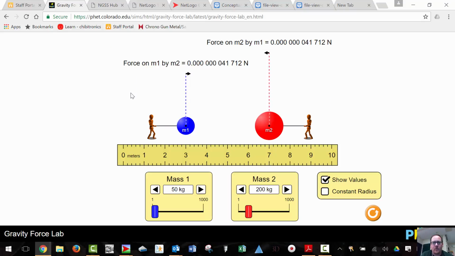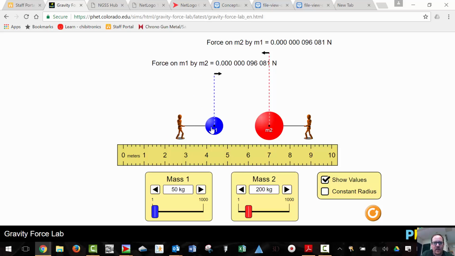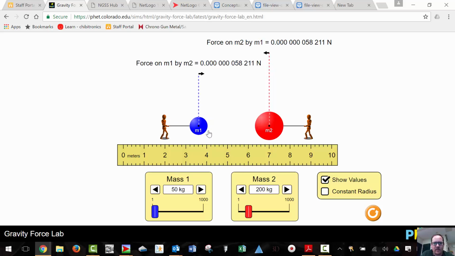And what I wanted them to do is collect data and think about how the data mathematically kind of determines the relationship between universal gravitational force and mass, and universal gravitational force and the distance between the masses. And so they spent some time moving these masses and then recording these forces.